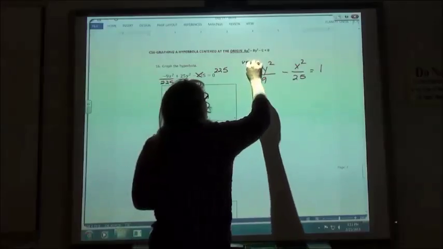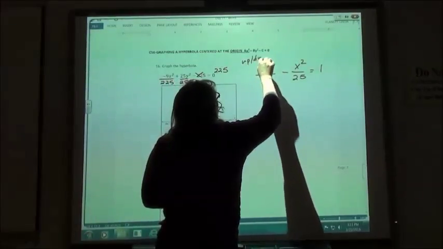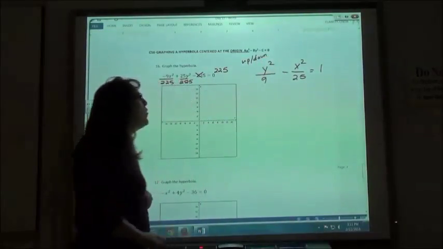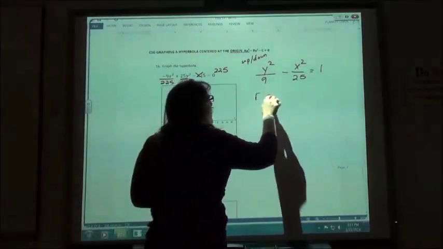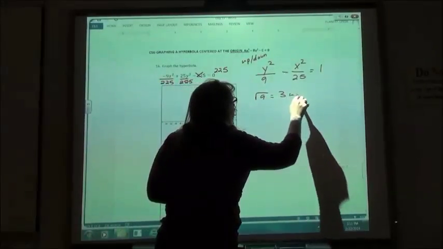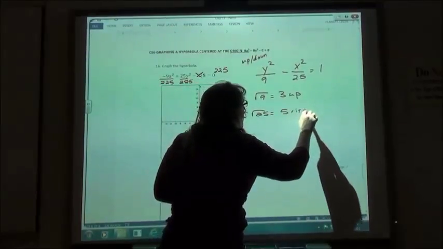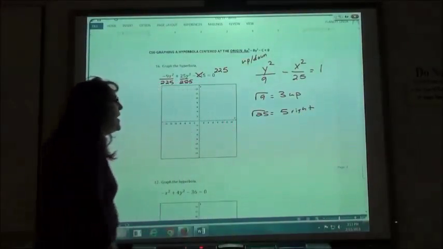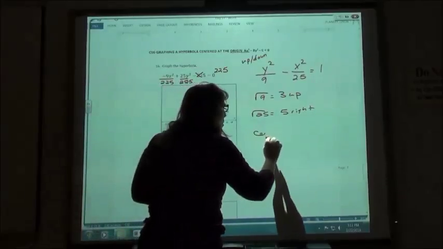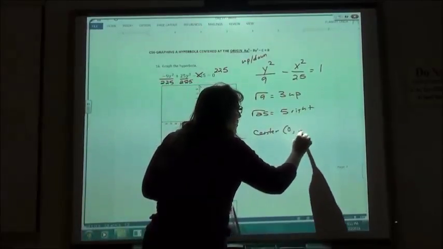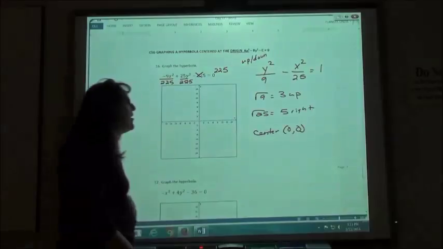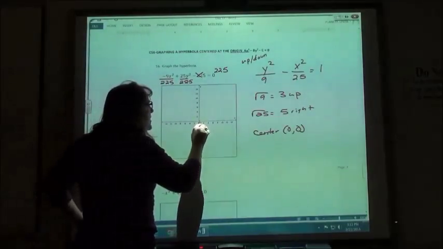This is the one that's going to go up and down since my y squared is positive. Square root of 9 is 3. Square root of 25 is 5. So center on all of these is at the origin, 0, 0. We don't have any parentheses on the top, so we center it at 0, 0.